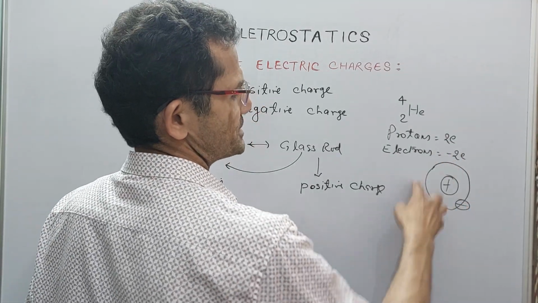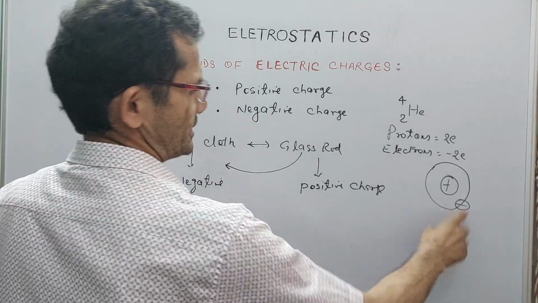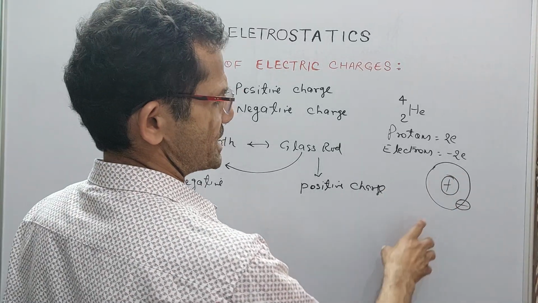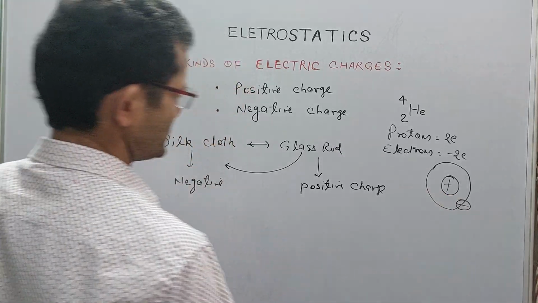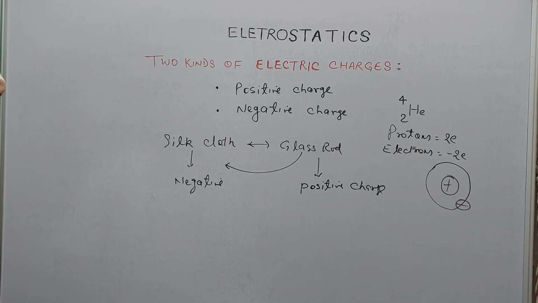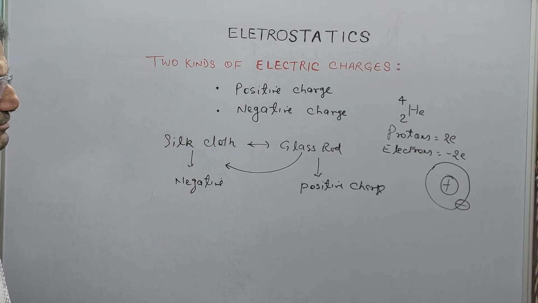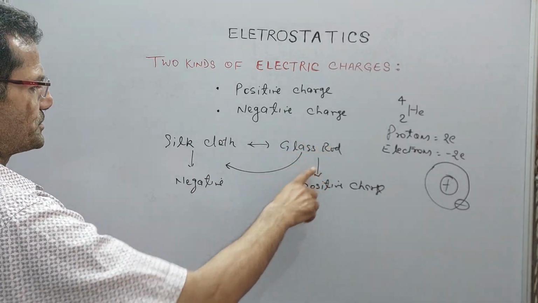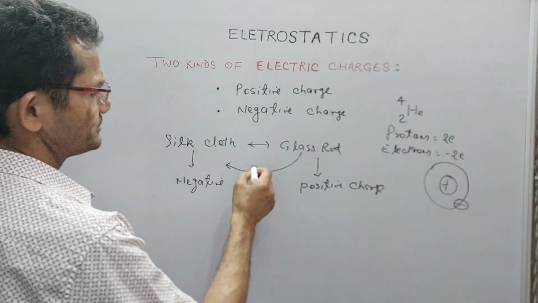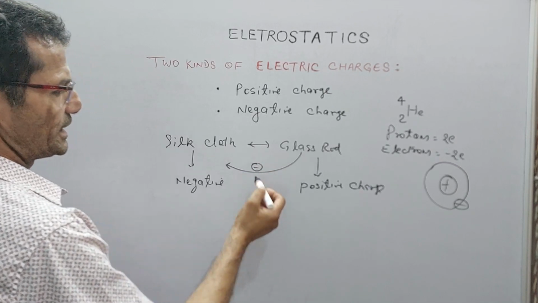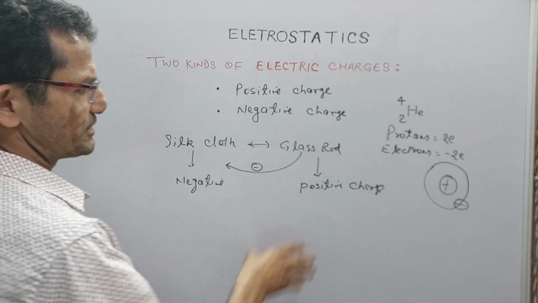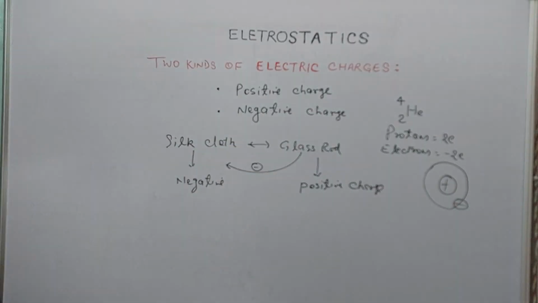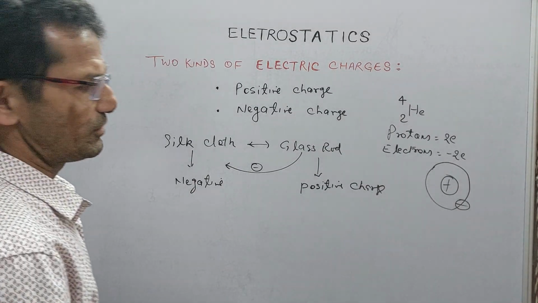If you give some energy to an electron, it will leave the attraction of the nucleus. So when we rub the glass rod with the silk cloth, negative charge, that is electrons, transfer from the glass rod to the silk cloth. That's why the glass rod gets positive charge and silk gets negative charge, since initially they were all neutral.